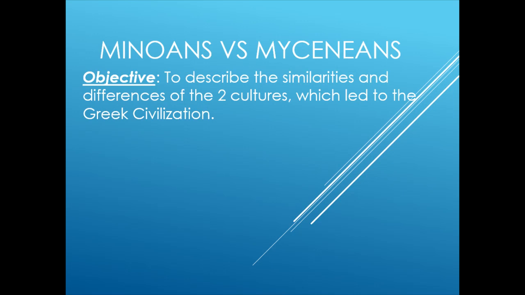Classical Greece being the city-states like Athens, Sparta, Thebes, Alexander the Great, the philosophers Plato, Socrates, Aristotle. That all comes much, much later. All right. In fact, as much time passed between these ancient groups and classical Greece as passed between classical Greece and now. So these folks are like the ancient Greeks to what we would call the ancient Greeks.